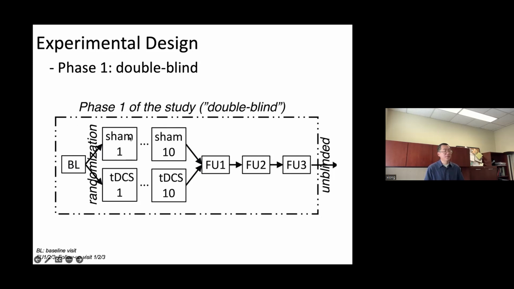After 10 sessions of treatment, we have 3 follow-up study visits to assess how their cognitive performance looks, and what their brain function and brain structure look like using MRI at each of the 3 follow-up visits. Does this answer your question?